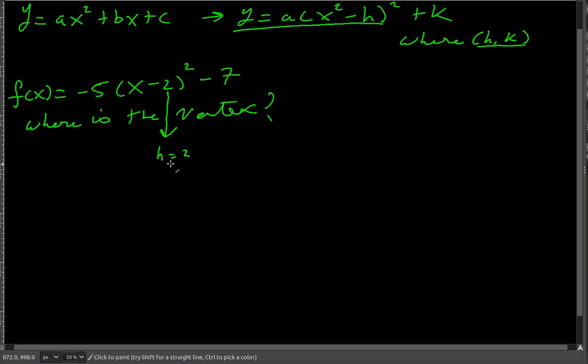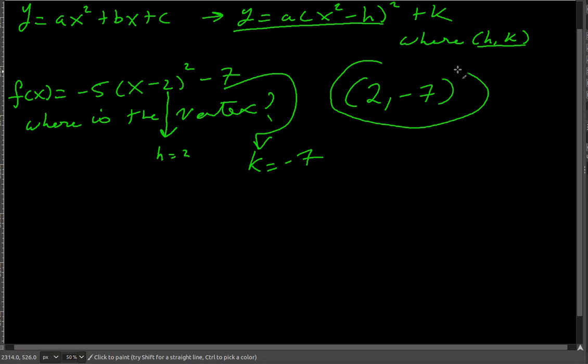Now you say, hold on, h doesn't equal 2, h equals negative 2. But I say to you, there's a negative sign in the formula, so that negative sign is coming from the formula. So h actually equals 2. Now, the k is pretty obvious. It equals negative 7. So the vertex is (2, negative 7). All right? So that is that answer.